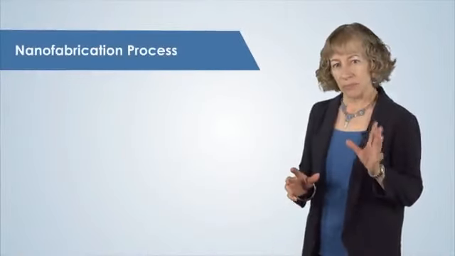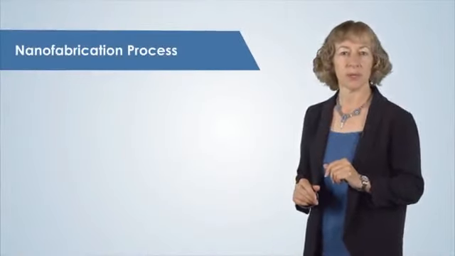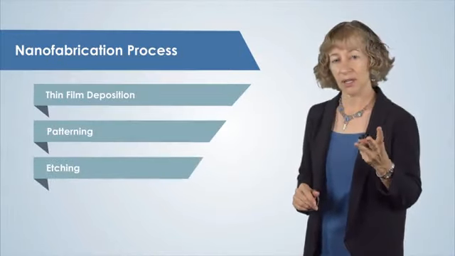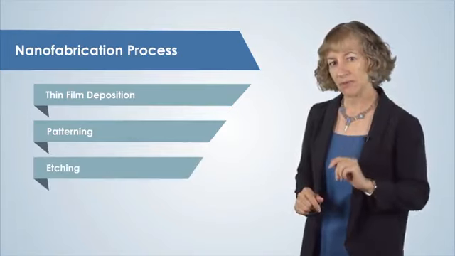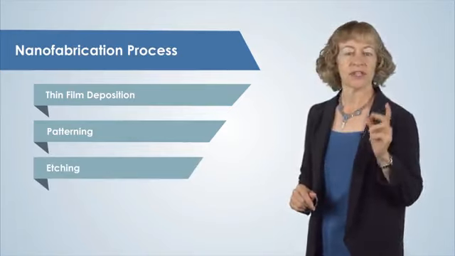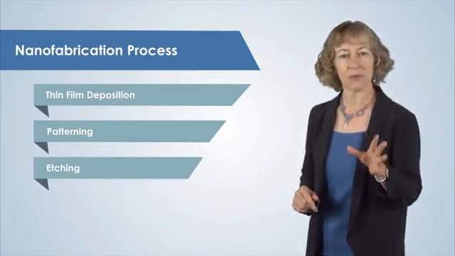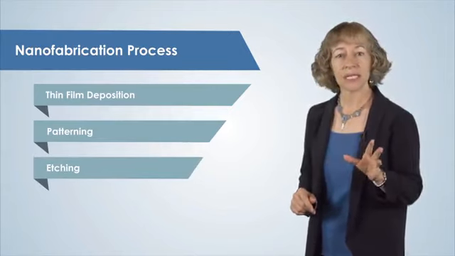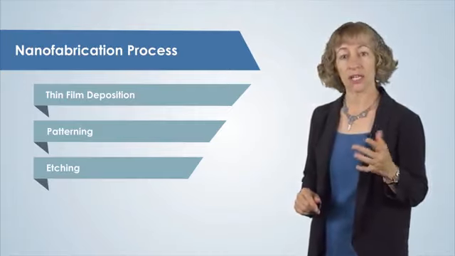We've introduced the basic technologies that we use in fabrication, including thin film deposition, patterning, and etching. But before we go into more detail about fabrication, let's look at the extremely clean environments that we need for high-yield fabrication. The extremely clean environment for fabrication is called a clean room.